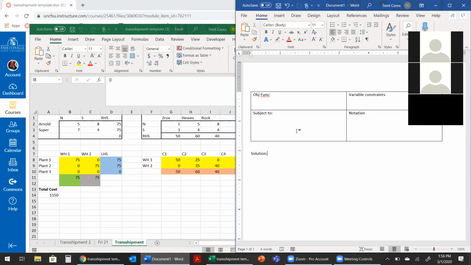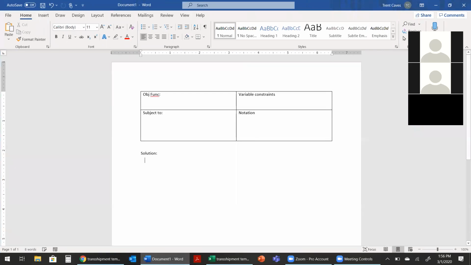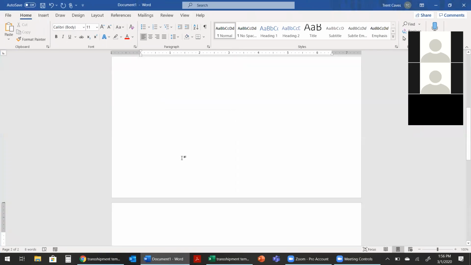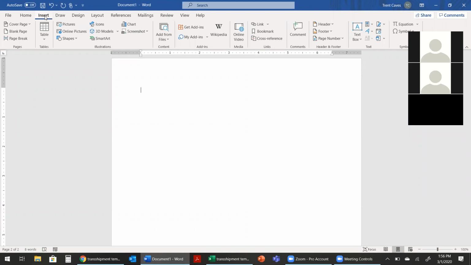So the first part of this question, the easiest thing is just to create a diagram. So we're going to start with our plants.